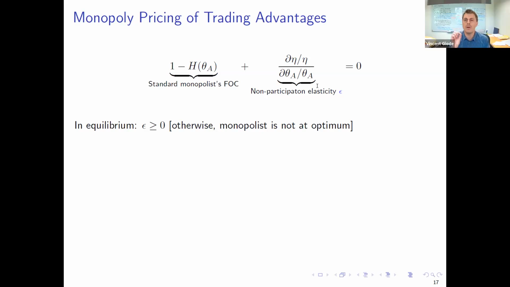So bear in mind, by reducing the price of the trading advantage, clearly you will make it more attractive for more people to buy it. But what's important for that red line is that the marginal participant is acquiring it.